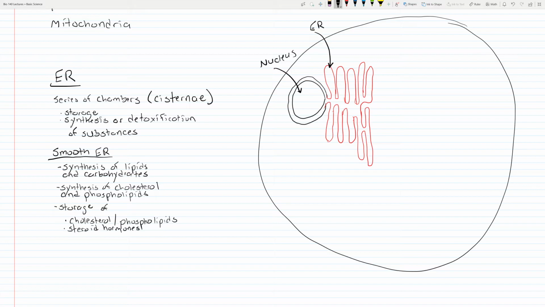Our steroid hormones are stored there, our glycerides are stored there, and glycogen will be stored in there as well. Another thing smooth endoplasmic reticulum is for is detox itself. Alcohol is detoxed in the liver, and the smooth endoplasmic reticulum of the liver is specifically designed to detox a lot of substances there. So that's the smooth endoplasmic reticulum.